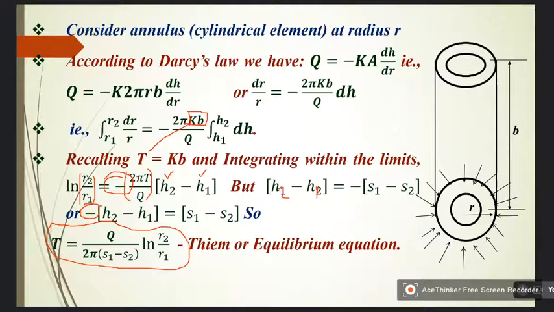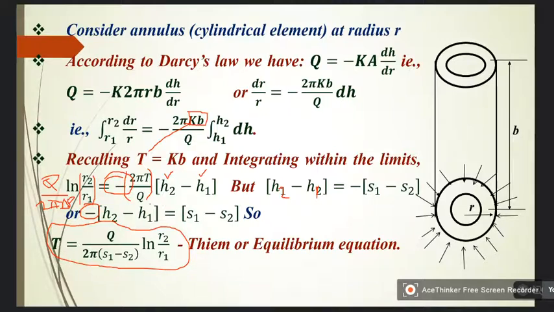Therefore, log R2 by R1, and if you take this Q and 2 pi to this side, it will be Q by 2 pi, and delta S I will simply write for convenience, S1 minus S2.